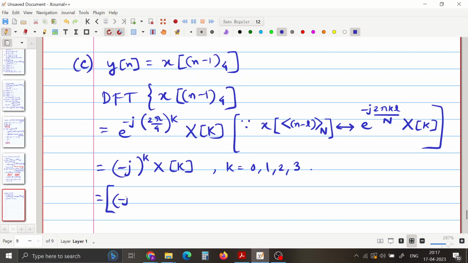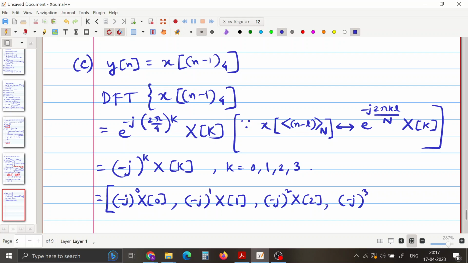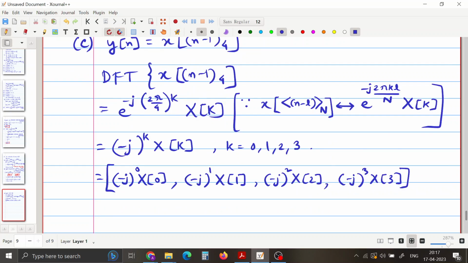You put k equals 0 first, then k equals 1, then k equals 2, and finally k equals 3. So this will be the DFT.